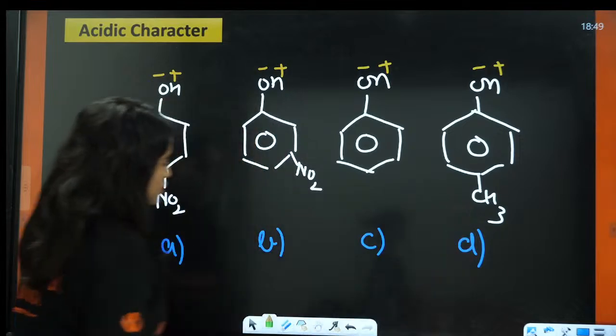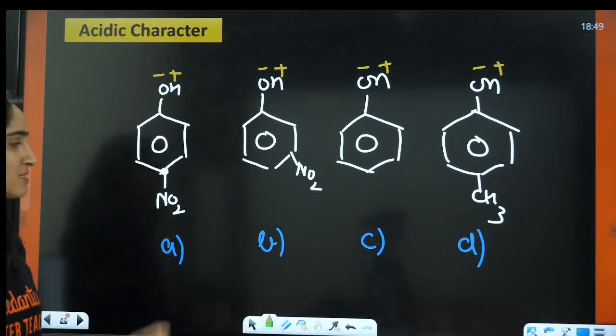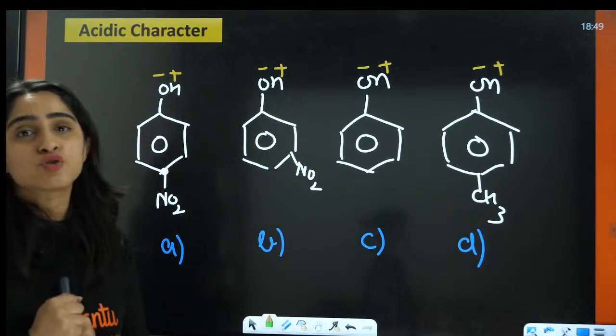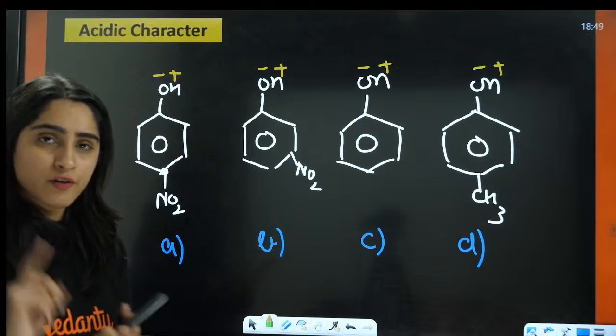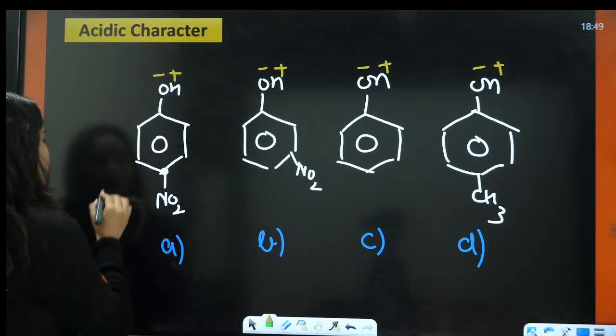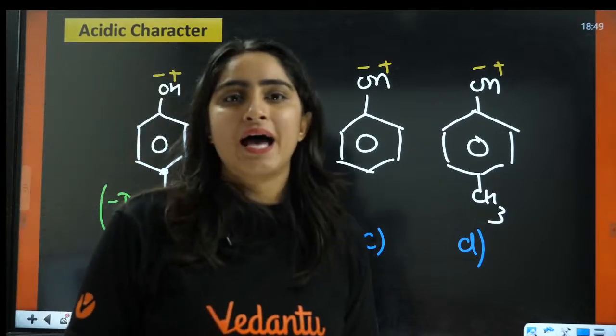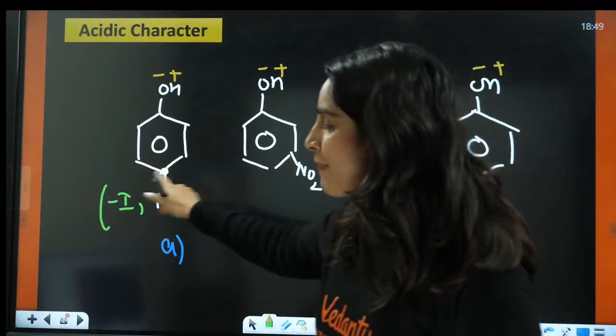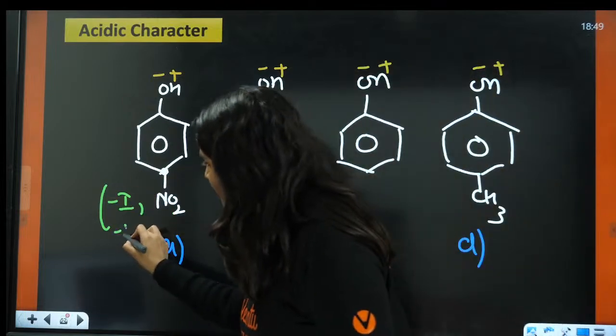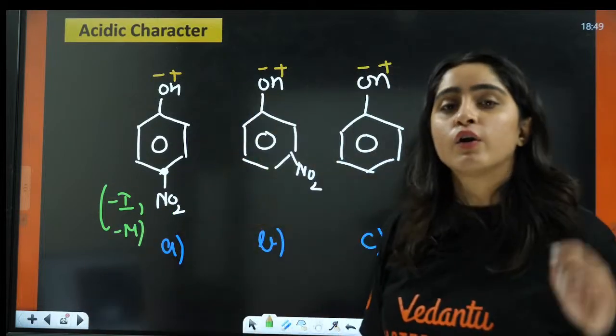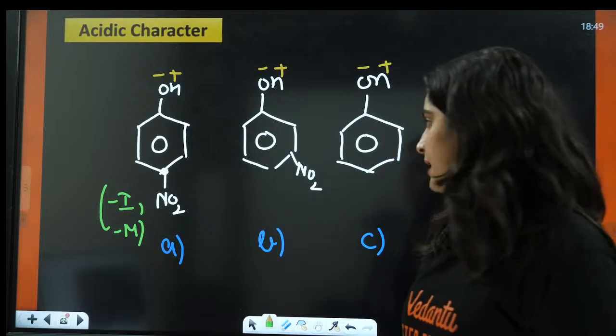On the para position, this NO2 group, as this nitrogen is electronegative, will have a minus I effect. And as this NO2 group has a minus M effect and it is on the para position, it will also have a minus M effect.